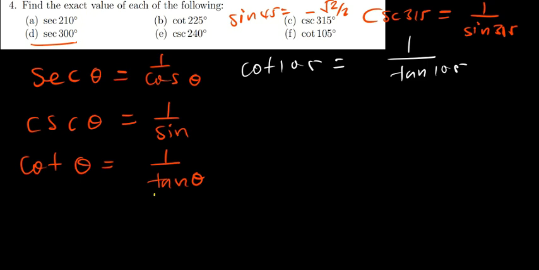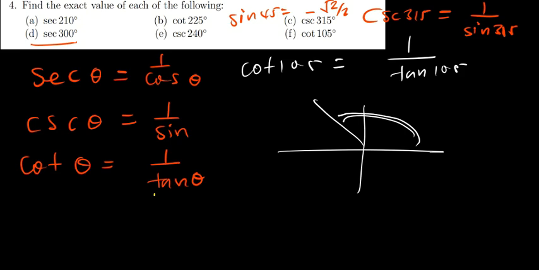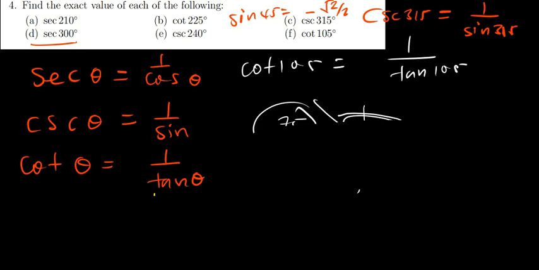In the second quadrant. So to find the reference angle, this angle is going to be 180 minus 105, which is 75. 75 is not a special angle. What are we going to do? We are going to find two numbers which when we add, they should give us 75.